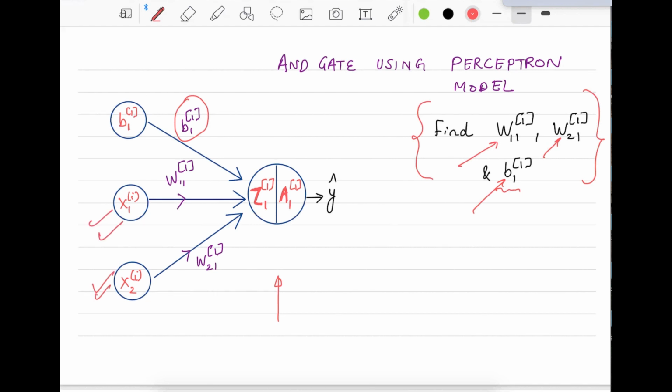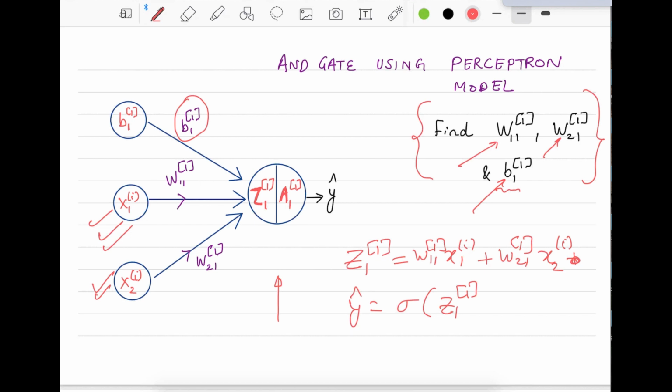Then Z11 is very simple: it is w11 times xi1 plus w21 times xi2. We are not considering bias, so it will not be there. And y hat will be sigma of Z11. Simple, right? These two equations you already know. Please note that for the time being I am not considering the bias term.